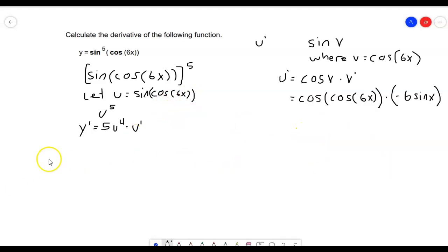So finally, y prime is equal to 5 times u to the 4th.